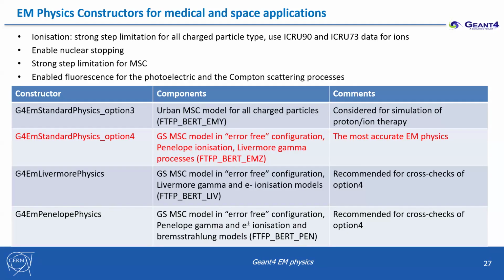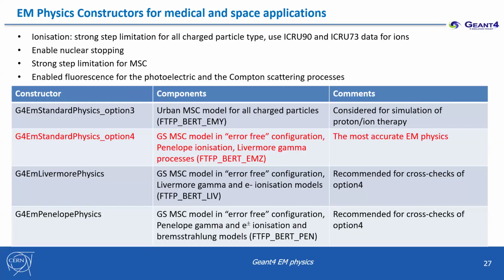Some compromise with relatively good accuracy, but less CPU demanding, is option 3. We use Urban multiple scattering model in that case, but with parameters of step limit, which allow to have reasonable overall accuracy.